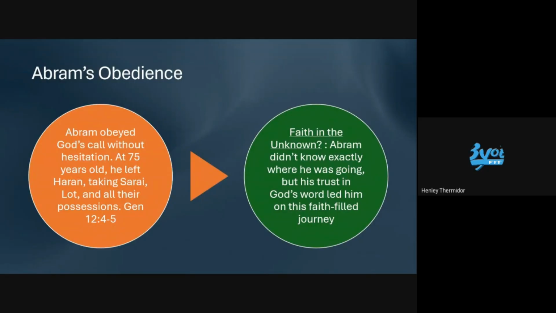He hears the three promises and he said, you know what? 75, still got time. Let's go. So he left the city of Haran that was inside of Ur, and he takes Sarai, Lot, and all of their possessions. So, faith in the unknown. Abram didn't know exactly where he was going, but wherever God led him, he was down for the journey.